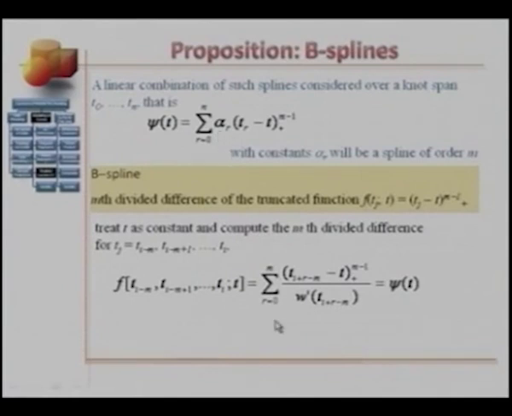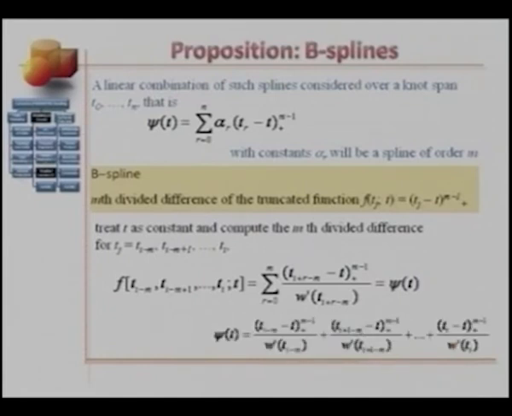So in a sense, this expression is a weighted linear combination of splines of order m, and therefore this expression overall is a spline of order m, because each term is a spline of order m here.